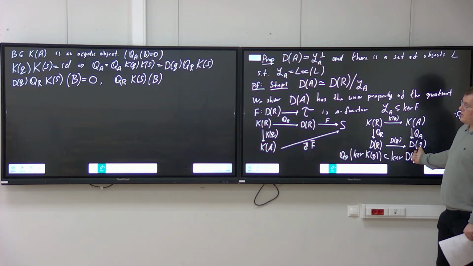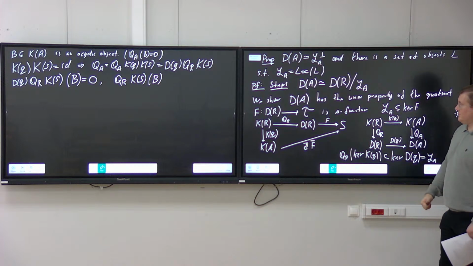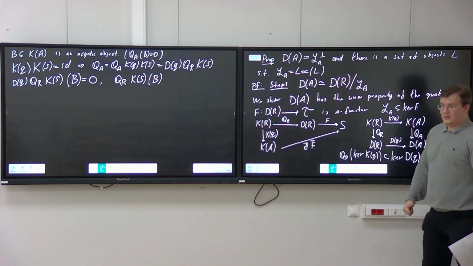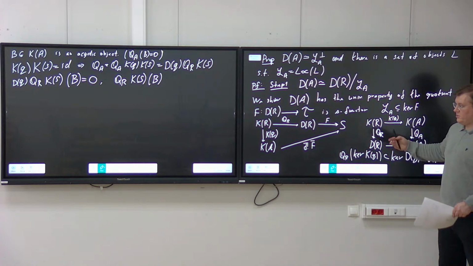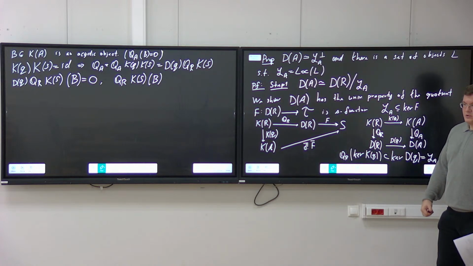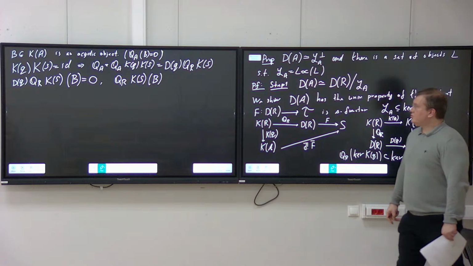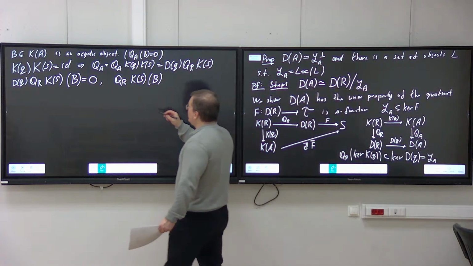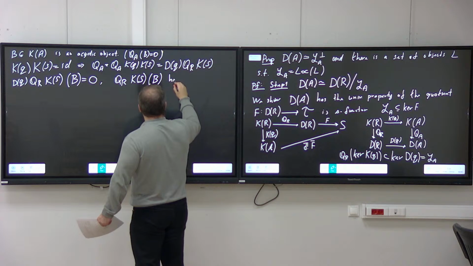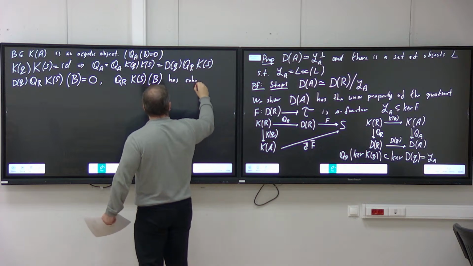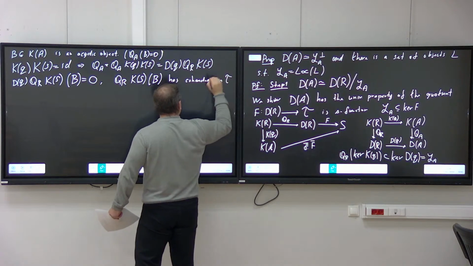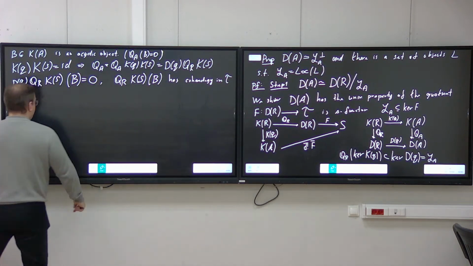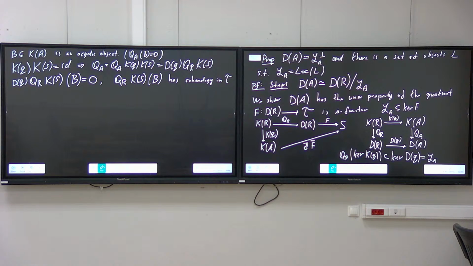What does it mean for the cohomology of that complex? Again, this functor Q is just applied term-wise. This is an exact functor. It preserves the cohomology, right? So I want to say that this complex has cohomology in the subcategory T, and since this is killed by the functor Q, it's in the kernel of Q.